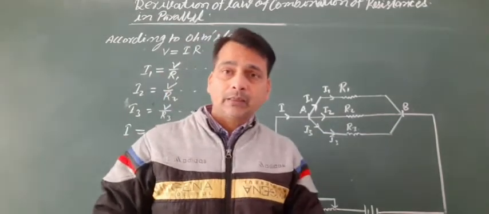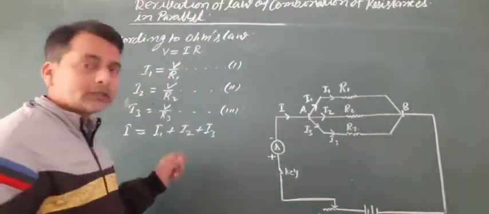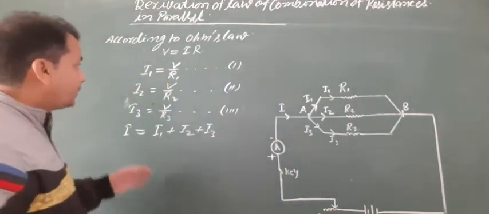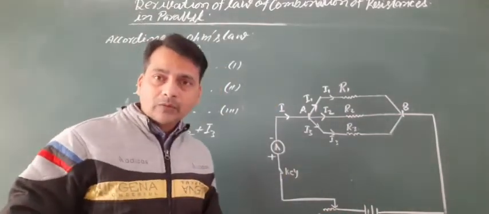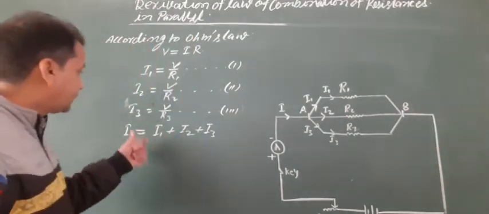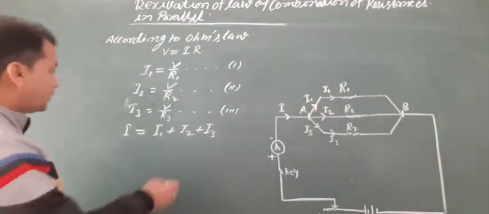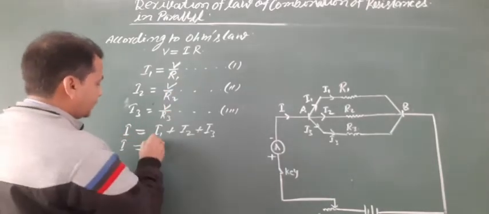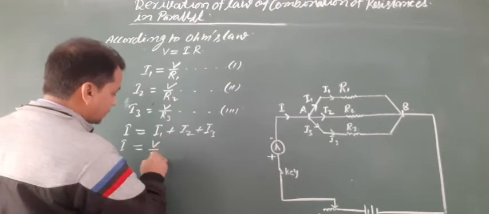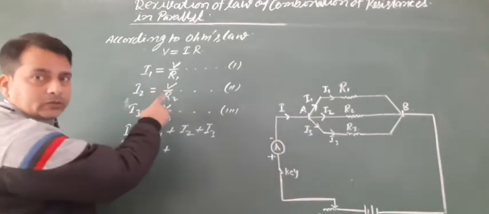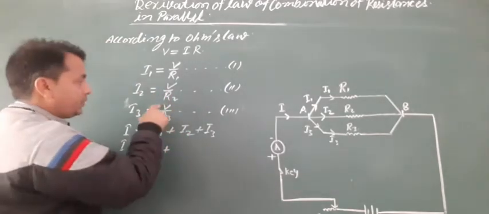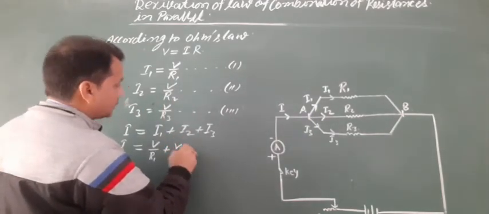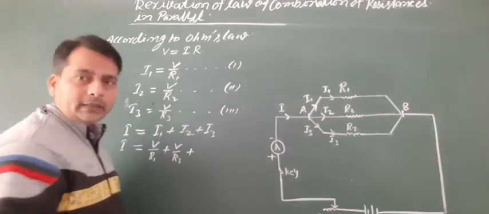So net current I equal to I1 plus I2 plus I3. Put the values I1 equal to V by R1, I2 equal to V by R2 and I3 equal to V by R3. Then I equals V by R1 plus, from the second equation, V by R2, and from the third equation, I3 equal to V by R3.